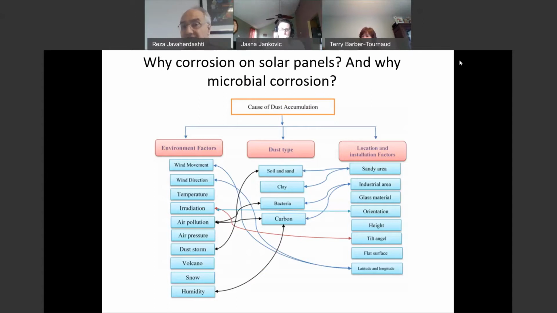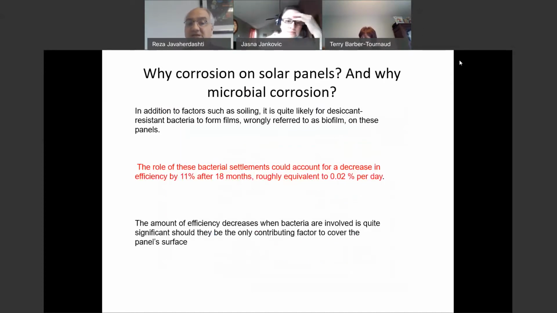So it is this matter that is important to us. The role of bacteria, in addition to other types of degradation. In addition to factors such as soiling, it is quite likely for certain types of bacteria which are resistant to adverse conditions to survive on these panels.